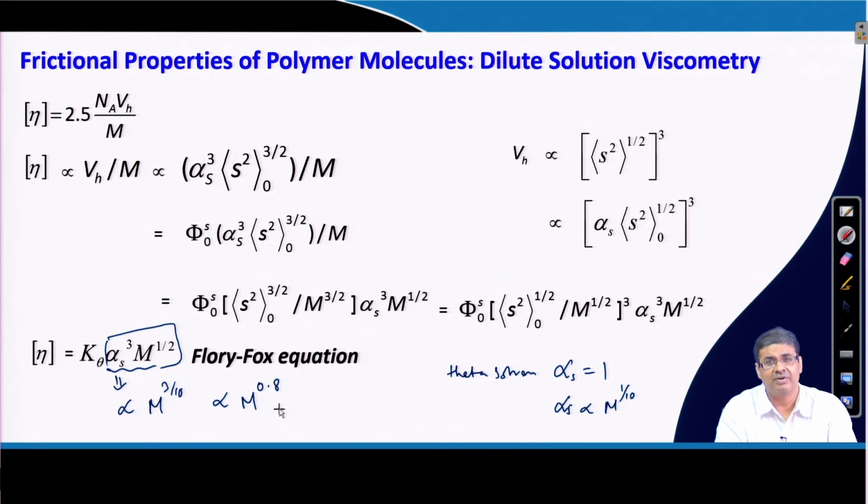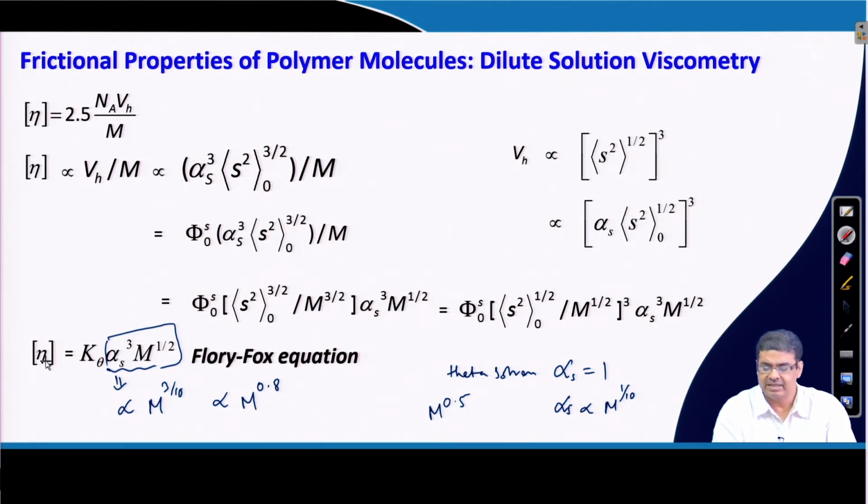Now, this happens for a solvent which is a good solvent for this polymer. So, in the case of a poor solvent or theta solvent, we have M to the power 0.5, and in this case we have M to the power 0.8.